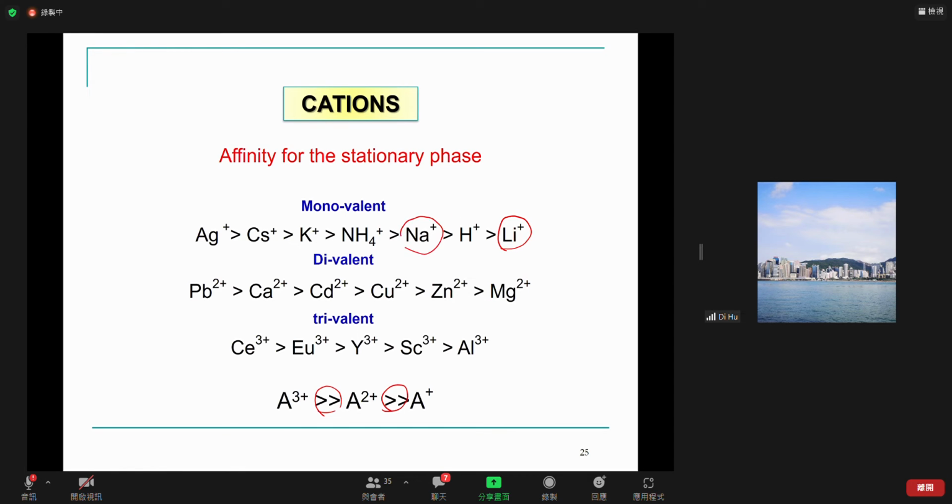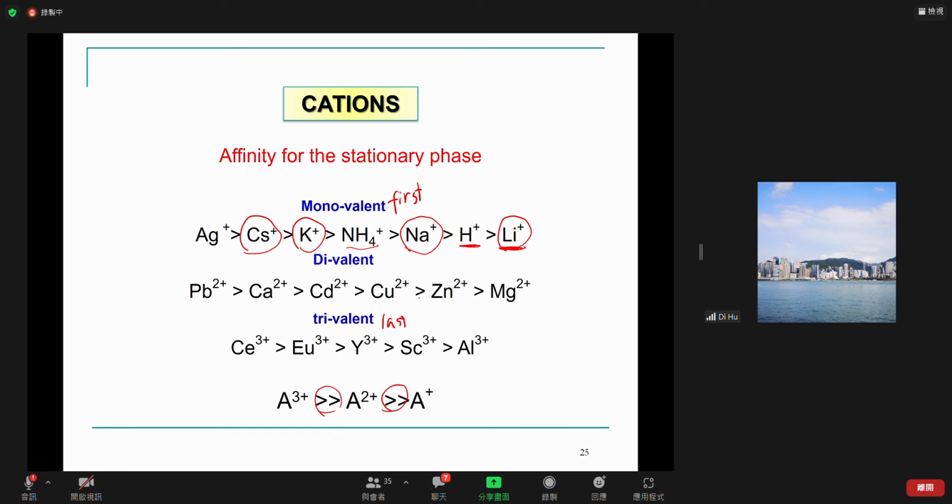Lithium, sodium, potassium, cesium: lithium has smaller affinity than sodium, then potassium, and then cesium. So lithium comes up first, even before the hydronium ion, the hydrogen ion, and ammonium. So monovalent comes up first, the smallest, and then trivalent comes last.